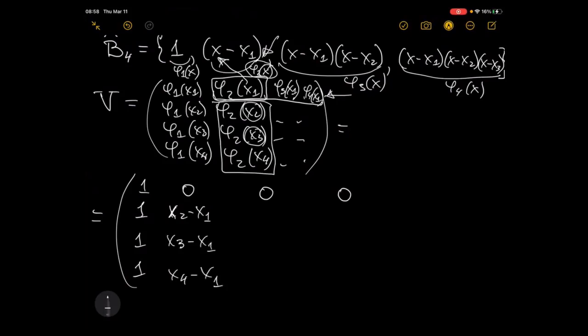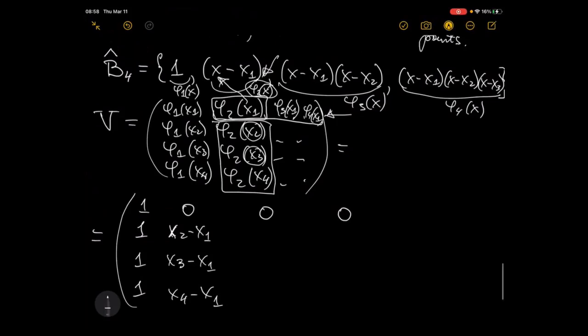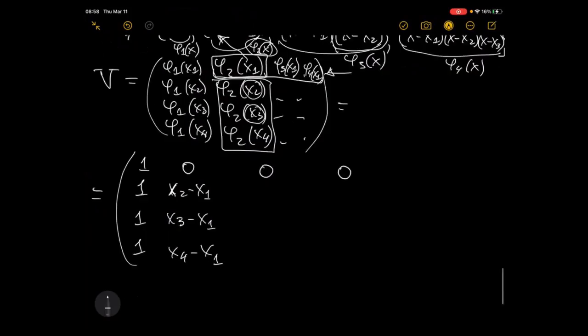Okay, great. Thank you. Now, when I'm using phi3, because it contains x minus x2, right? I know that I will get 0 here, in all components here, okay?